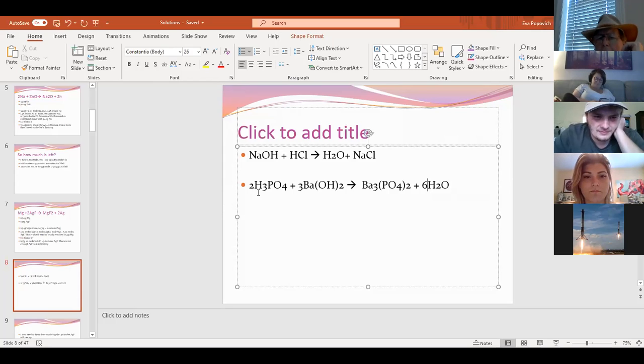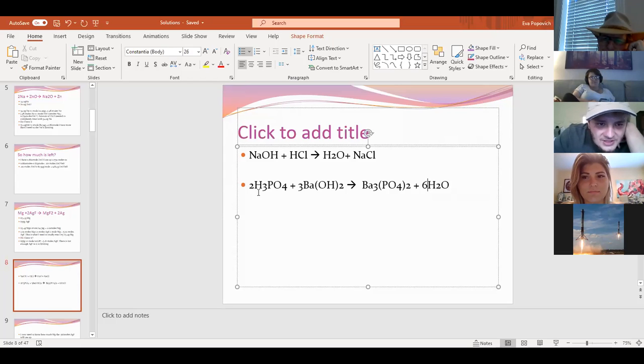What's the ratio between water and barium hydroxide, Hunter? Okay, the water would be 1. No. Hunter, what's the coefficient in front of water? Well, it just says H2O. No, it doesn't. What's the number in front of the H? I'm looking at the top. Okay, on the bottom it's 6.